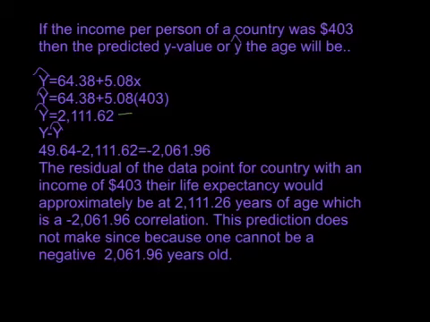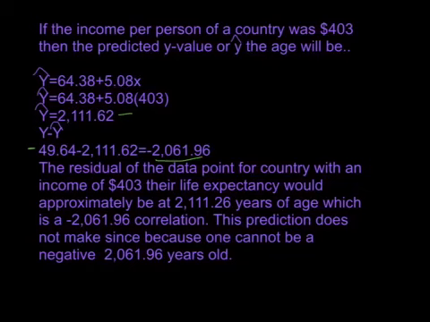And so I took the predicted minus the actual value of Y, which was 49.64, and subtracted it and got a negative, which wouldn't make sense because it would be a negative correlation, as well as a person could not possibly be a negative 2,000 years old. That just would not make sense. Therefore, it is not reasonable to interpret the y-intercept in this situation because it does not correctly portray the LSRL very well.